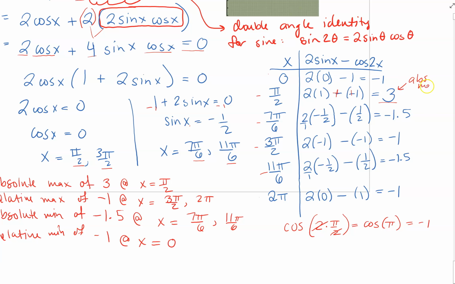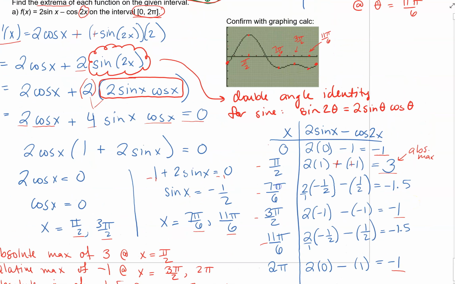But this is interesting because I had 3 values of -1. And if you look at the picture here, I labeled where everything is. So this was the pi over 2 comma 3. You can clearly see that's the standout absolute max. And then 2 of these were my -1 values.